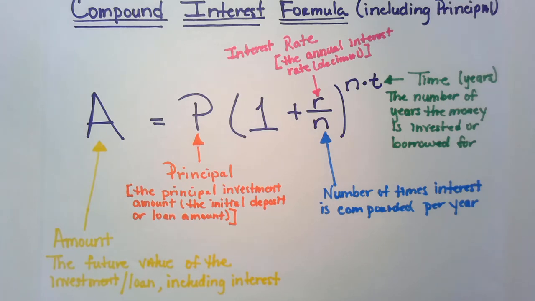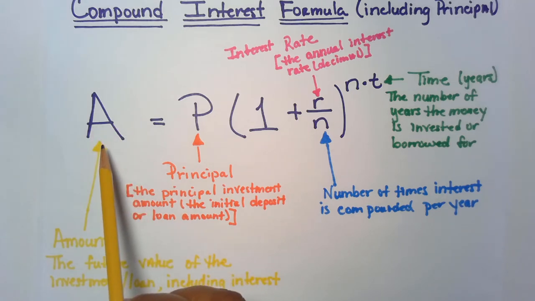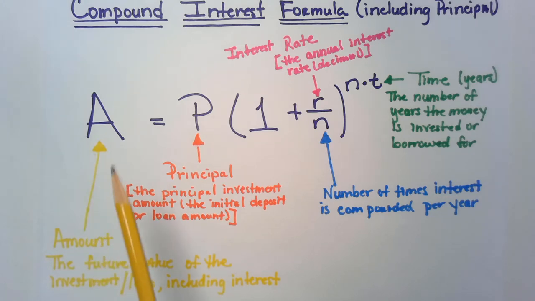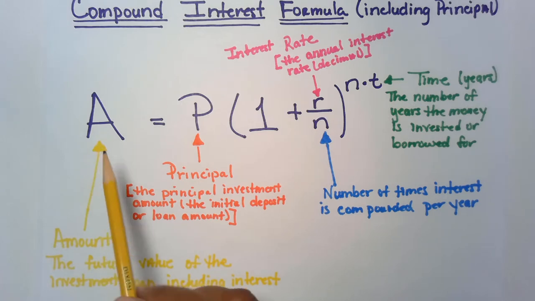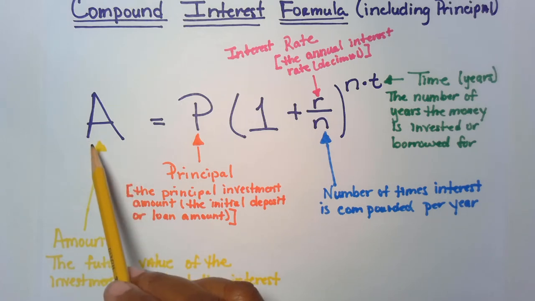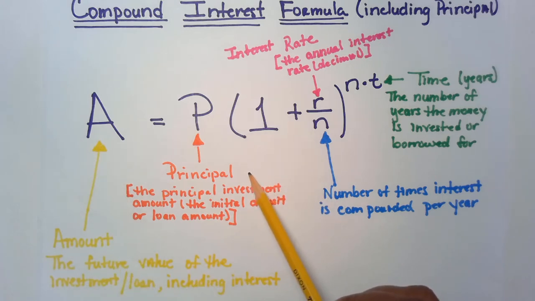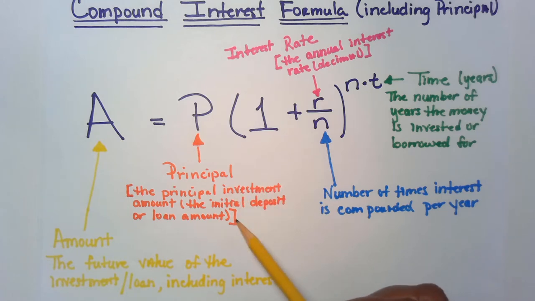So let's look at each part where A represents the amount, the future value of the investment loan including the interest. What would you get in this question that I had posed at the beginning of the video? What will be your final investment after 4 years, the total amount with the interest and what you invested? P is the principal invested amount, the initial deposit or loan amount.